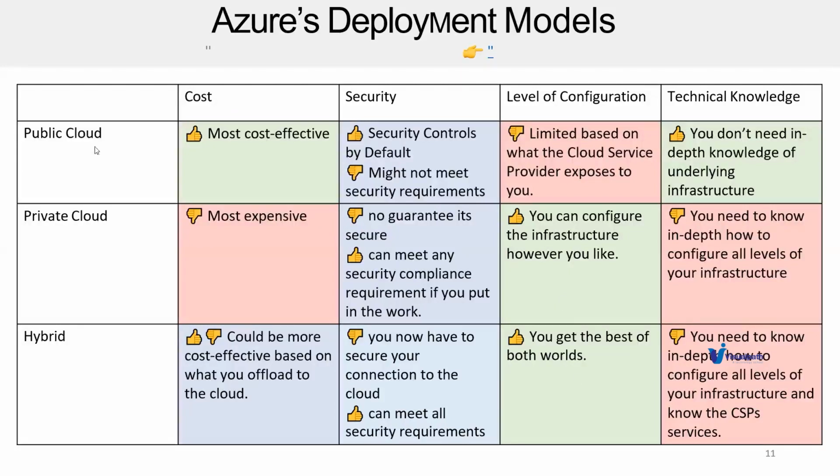Public cloud is the most cost effective because there is no capital expenditure. The other advantage is that you don't need in-depth knowledge of the underlying infrastructure. That's why this is more effective in this paradigm.